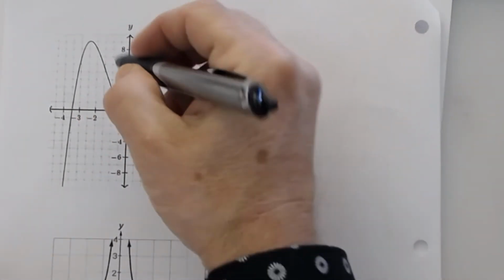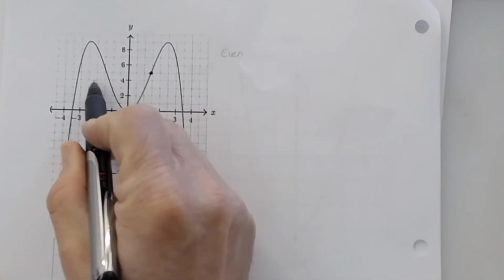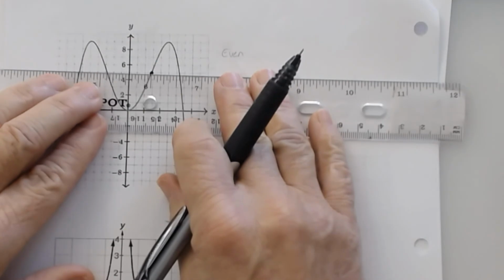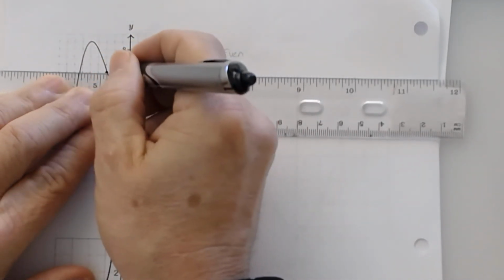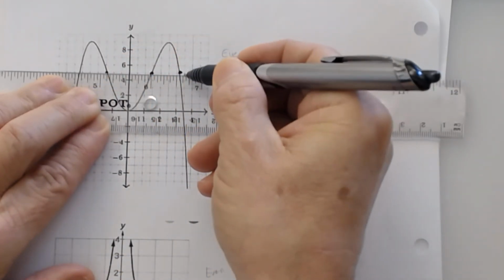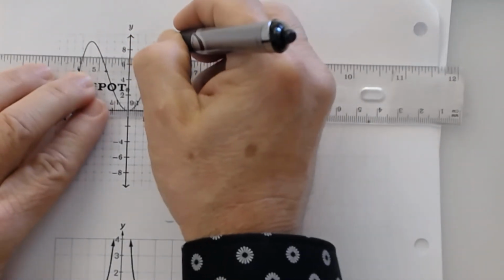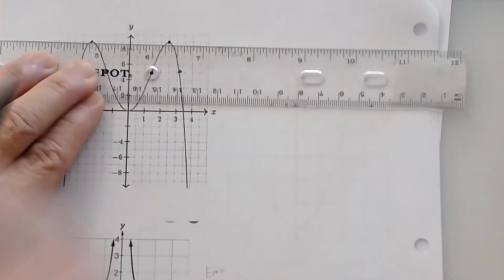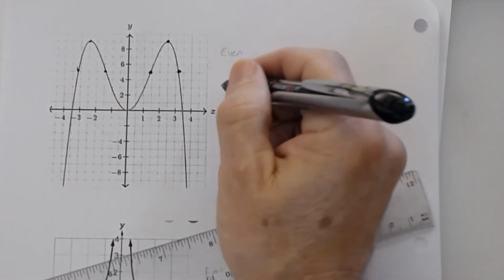So no matter what you take here, let's say you take this point right here, reflected about the y-axis, is that distance the same as that distance? Yes. And even if I take this one here, reflect that about the y-axis, do I get this point here? Yes. So this is what kind of function? Even, so that's an even function.